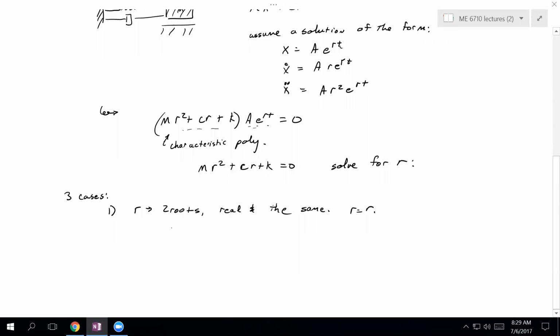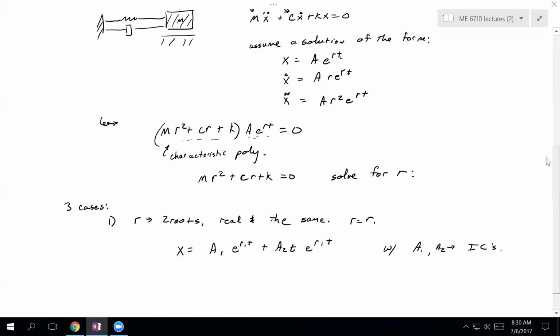And in that case, when we plug it back in with our initial conditions, our solution then becomes a1 e to the r1t plus a2 t e to the r1t. And again, a1, a2 come from the initial conditions to the problem.